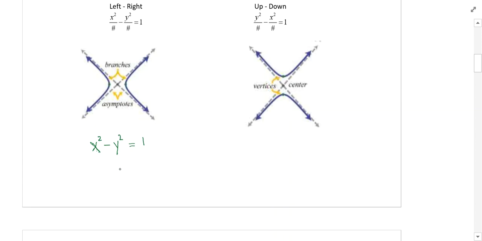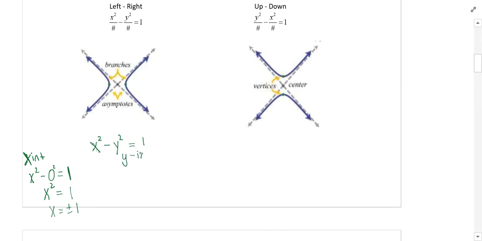If I wanted to find the x-intercepts, when you find an x-intercept, you make the y 0. So I would have x squared minus 0 squared equal to 1. That's really x squared equal to 1, and x would equal plus or minus 1. So this graph has two x-intercepts, one at x equals positive 1 and one at x equals negative 1.